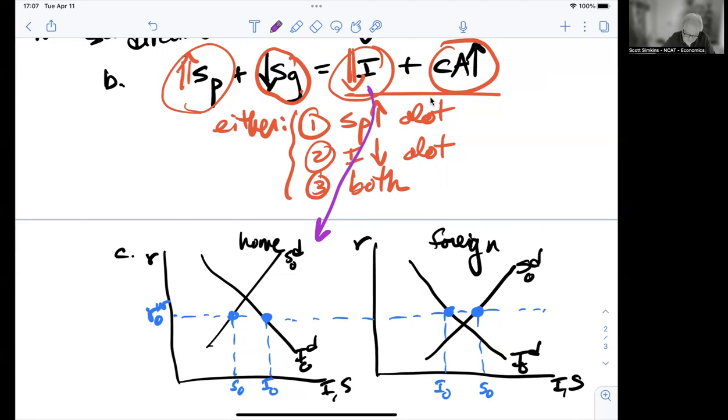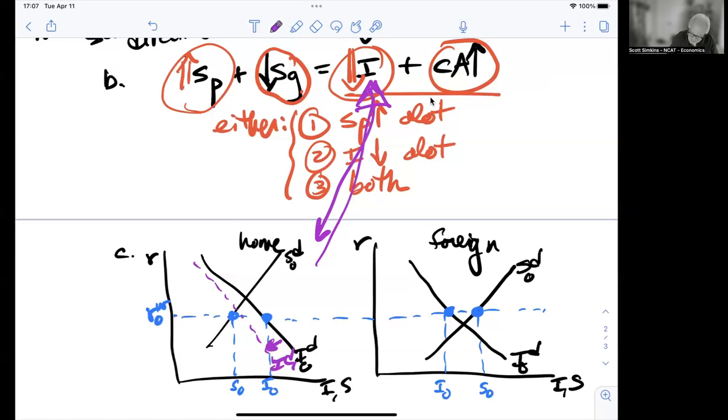So maybe it was the case, for example, that desired investment fell, right? Goes along with what we see up here, right?